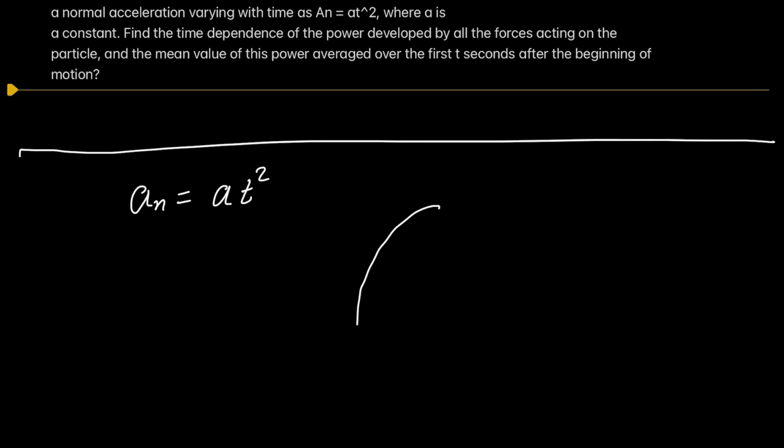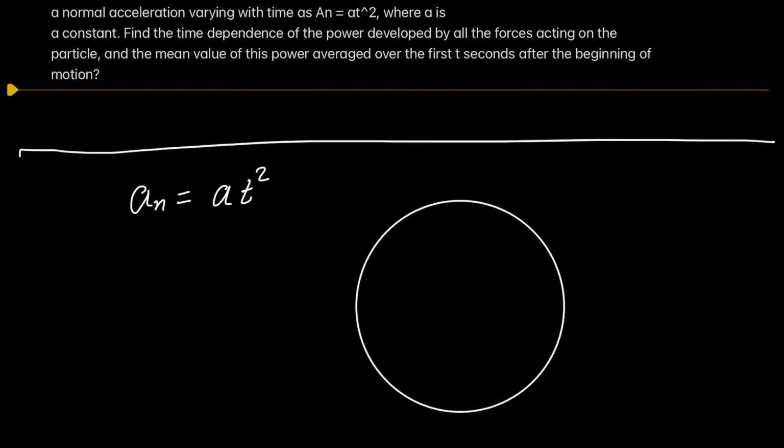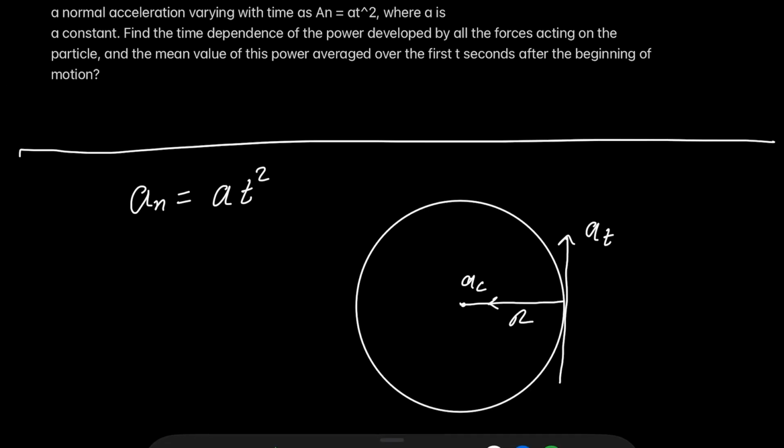Now this particle is moving on a circular track of radius r, and the particle is moving on this circular path. So when a particle is moving on a circle, then we have one acceleration called tangential acceleration, and one acceleration called centripetal acceleration. Because of the tangential acceleration, there is a force, we can call it tangential force, and because of the centripetal acceleration, we have a force called centripetal force.